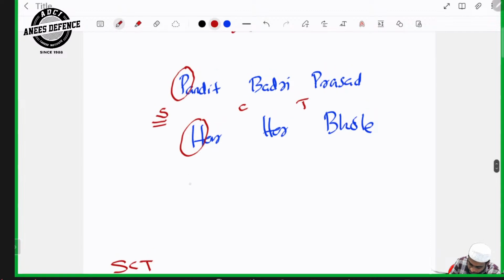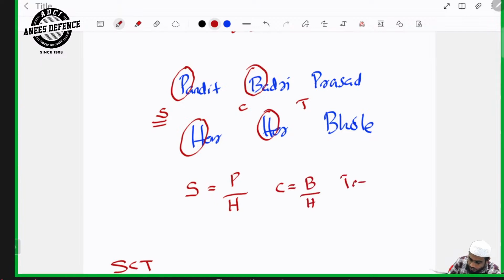So sine equals P upon H. Cos equals base upon hypotenuse. Tan equals perpendicular upon base. Sometimes you will have doubt whether it is perpendicular by hypotenuse, base by hypotenuse, or perpendicular by base.